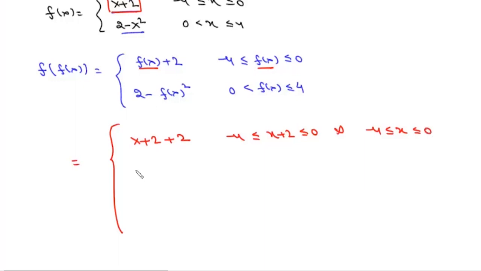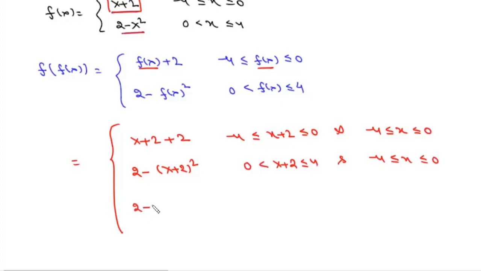And the next one is 2 minus (x plus 2) square when x plus 2 lies between 0 and 4, and again it is true when x lies between minus 4 and 0.